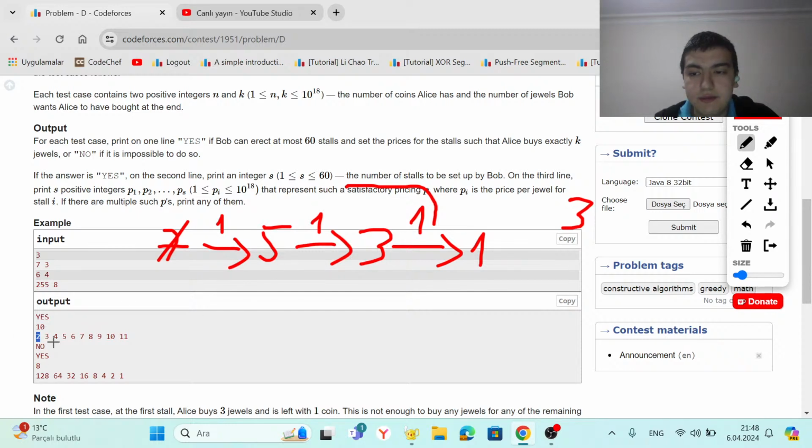After that she cannot buy any jewelry with 1 coin, so she has bought exactly K, equal to 3.